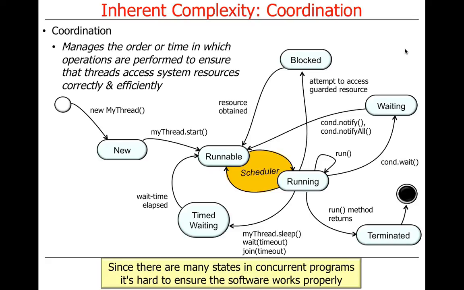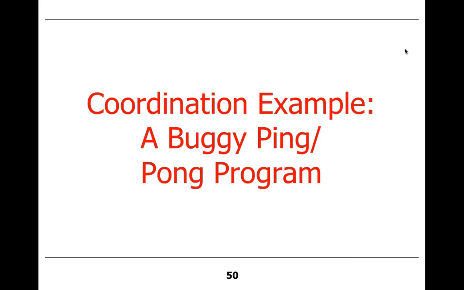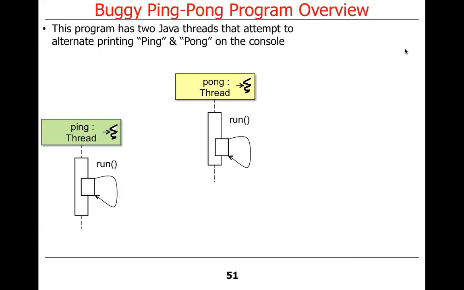Those are subtle things, and you've got to sit there and think through all those different states that are potentially going to happen in your program. And that takes a while. It takes your head a while to get used to thinking concurrently, especially if you're not really using the right set of tools. So let's take a look at an example that kind of illustrates how all this stuff works.